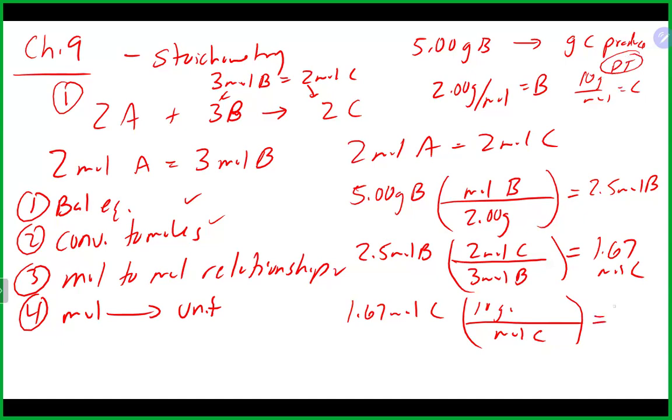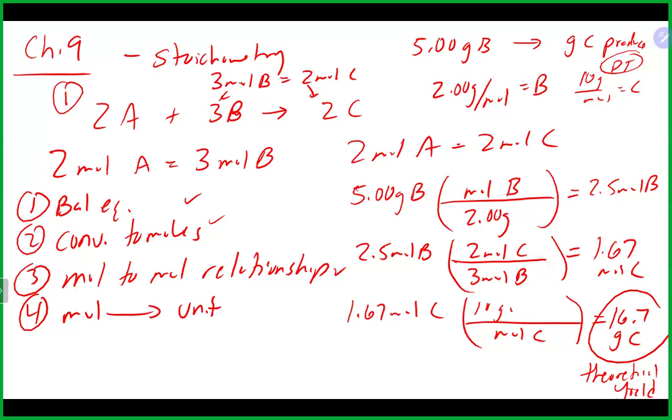It'll give us 16.7 grams of C would be produced in this case. That again would be our 4 steps. That also would be our theoretical yield, right? And the theoretical yield is your maximum yield based on the equation and the stoichiometry that you do.